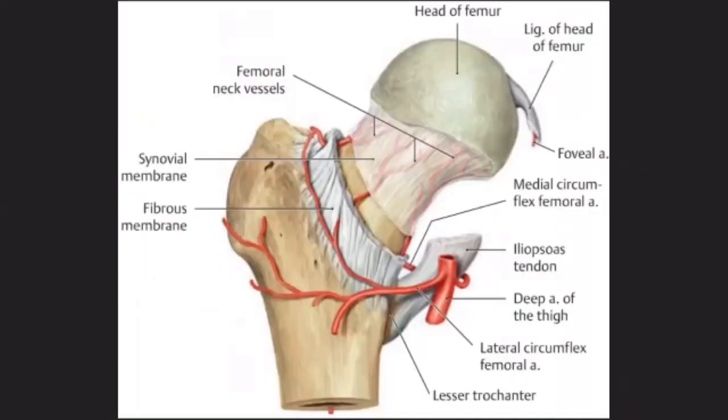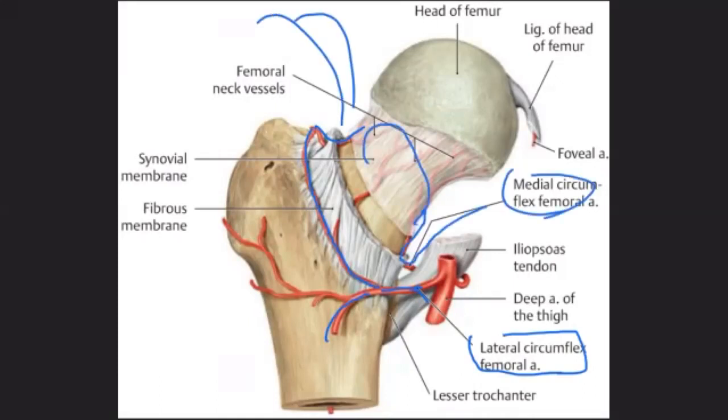So you see, this one is lateral circumflex. This one is descending, this is ascending. It's forming the anastomosis called the trochanteric anastomosis, right? So it anastomoses with the medial circumflex itself, and superior gluteal arteries.